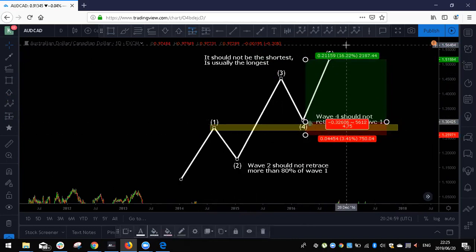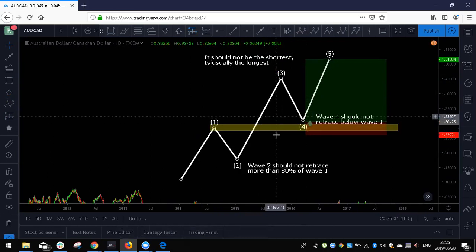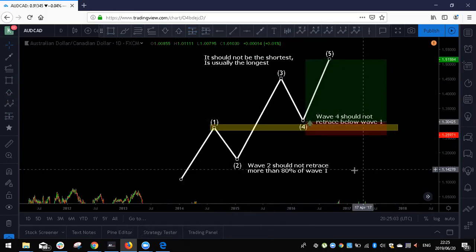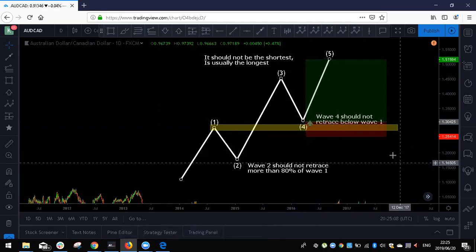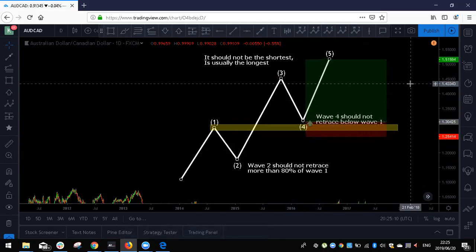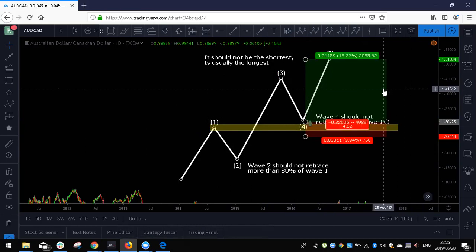As soon as it goes below wave 1, it's no longer going to wave 5. That's what it means. So you can have your trade like this, all the way to wave 5.